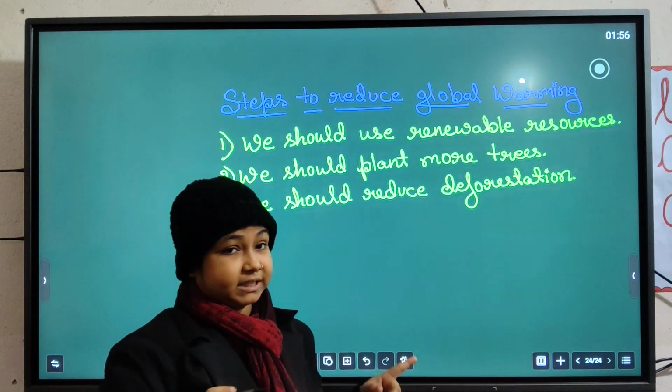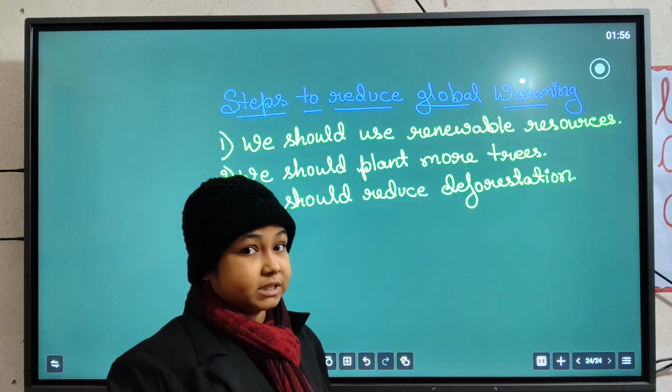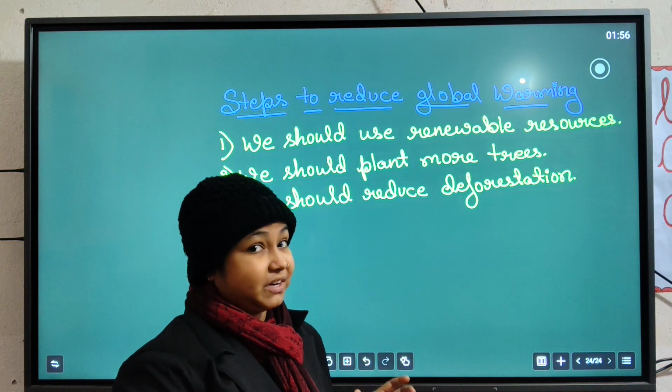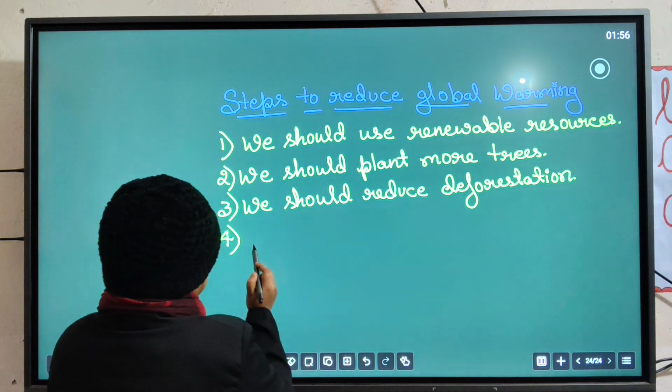The most important thing to remember is that we should not use harmful gases like greenhouse gases. We should reduce the use of greenhouse gases.